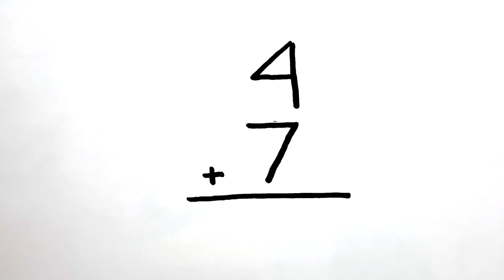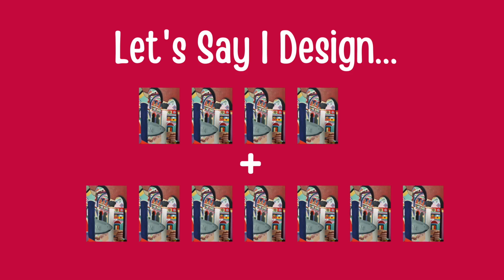So first thing we got to figure out is how do we get this answer. I'll give you an example. Let's say I design 4 paintings in 1 week, and then I design 7 more paintings in the second week. So how many paintings do I have total?